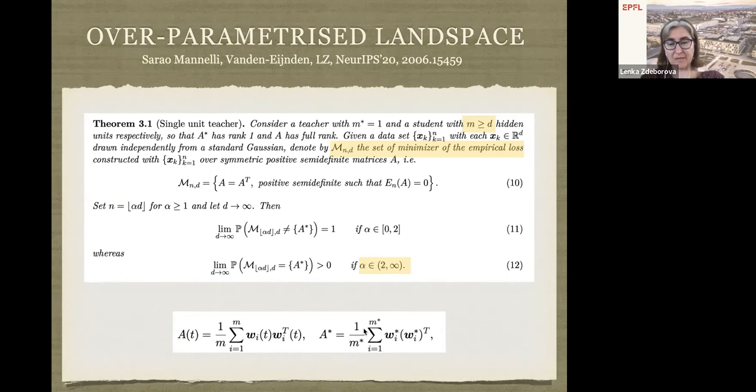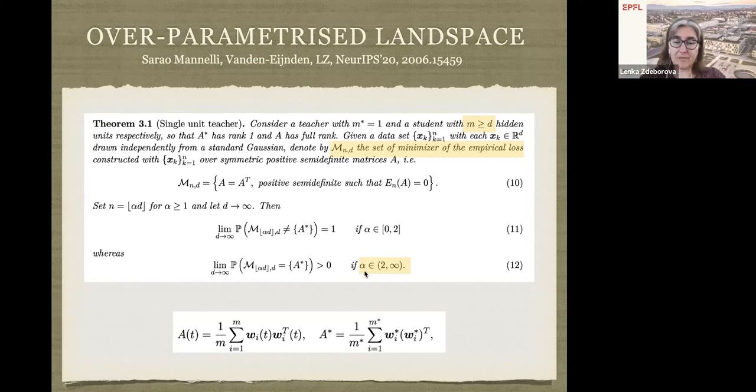M star would be the number of hidden units in the teacher, but here we consider M star equal to 1. And A is the same thing for the student, but this time the student has many hidden units. So here we are showing that the set of minimizers, if alpha is small, is actually not just the right one. There are many other ones, and there is no reason we would be finding the ground truth A star.